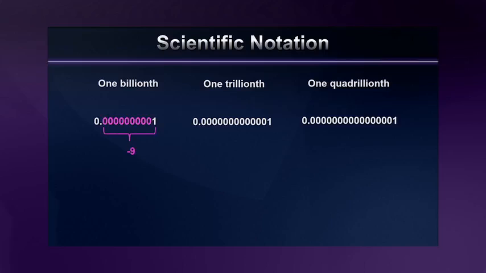So when we have 10 to the minus 9 versus 10 to the minus 12 versus 10 to the minus 15th scales, we simply include those in the scientific notation. A billionth becomes 1 times 10 to the minus 9. A trillionth, 1 times 10 to the minus 12. And a quadrillionth, 1 times 10 to the minus 15.